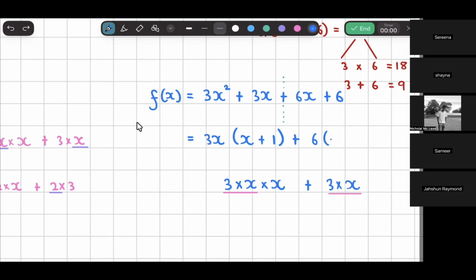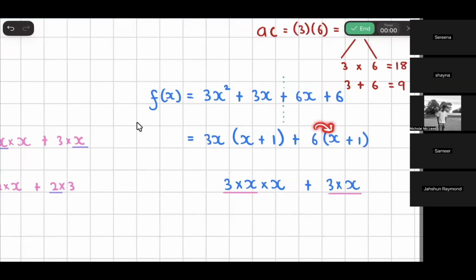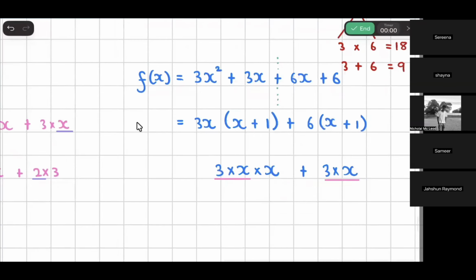No. Whatever we put in this bracket is supposed to multiply out to give me back the original terms. x plus 1, sir? Yes, x plus 1 is correct. Because 6 by x is 6x, and 6 by 1 is 6. You see, you understand it.